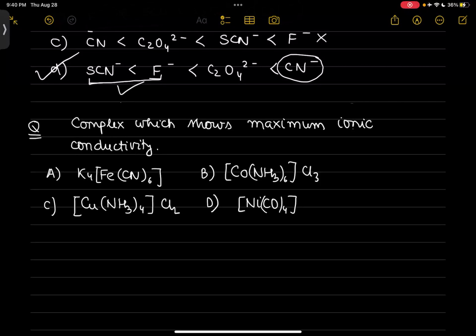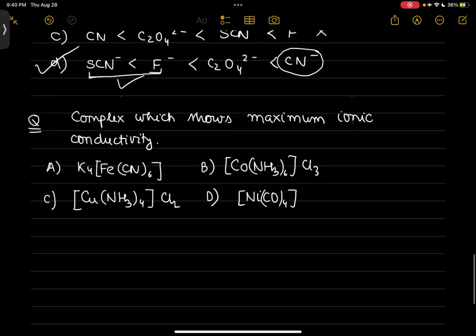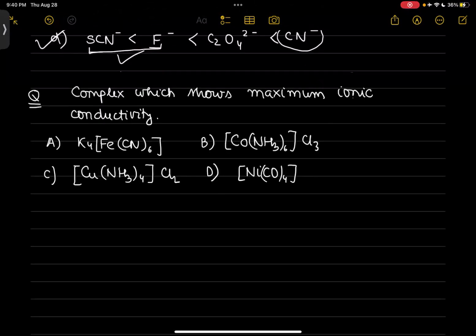So first of all, we are going to write the complexes one by one, and we are going to split them into ions. Got it?